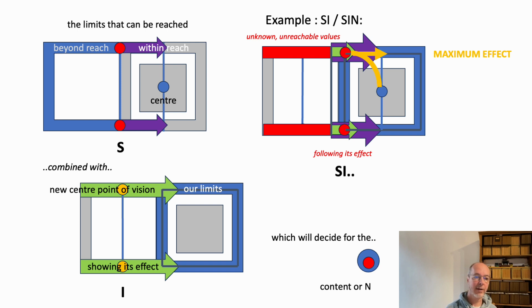Different to E, it is also about limits, but they come forth from another center, like a new center point of vision, and it shows its effect on our limits and limitations. These are two different focuses that are there on the edge of the letters.